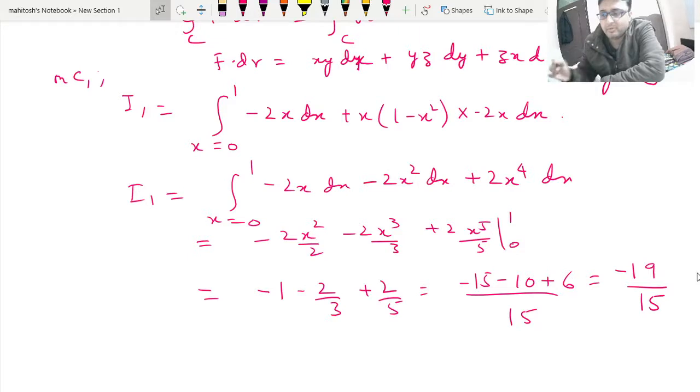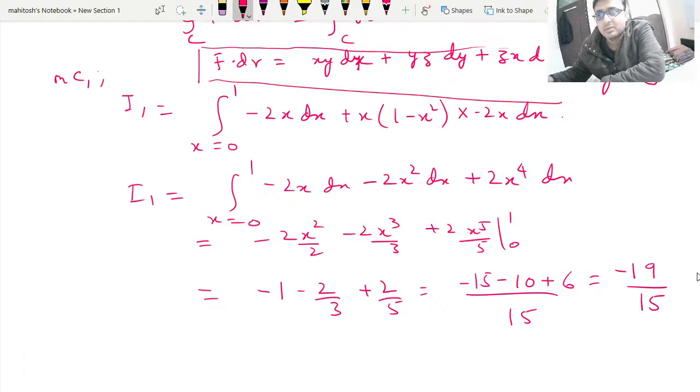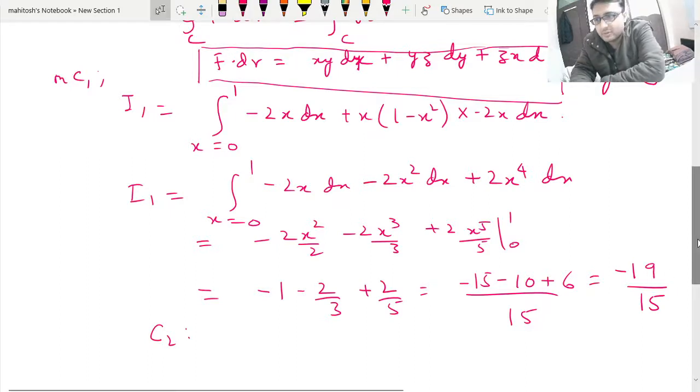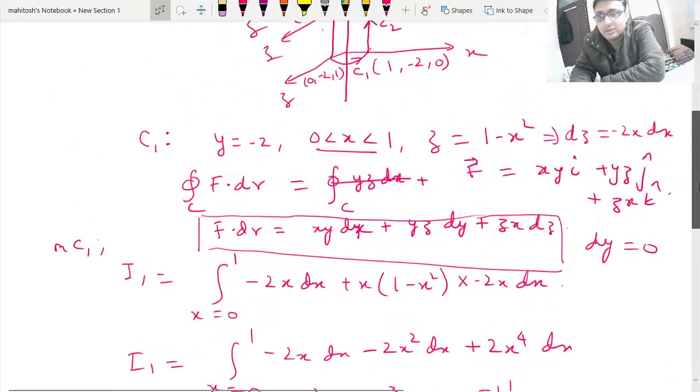Similarly, again we will bring in this F dot dr and we will compute for C2. Now let us go to the figure once more. On C2, what is the matter?